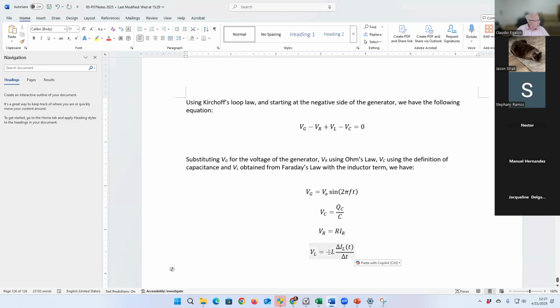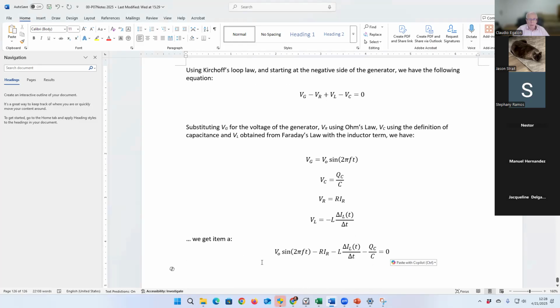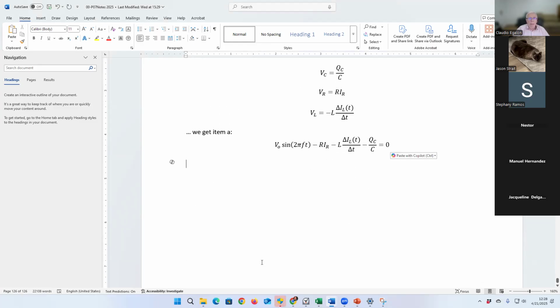And there is this negative sign. Okay. And now we substitute all the relations that you see right in here. Even better, I'll keep this term like that.